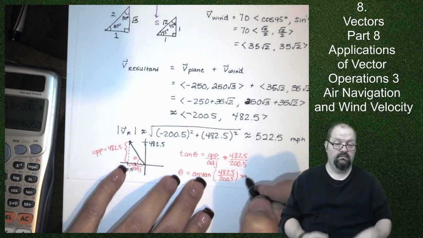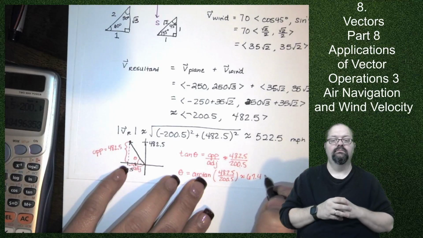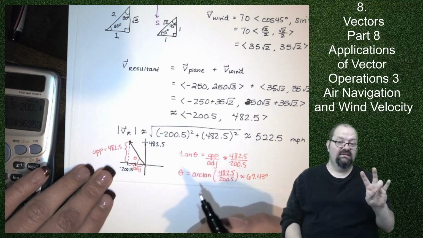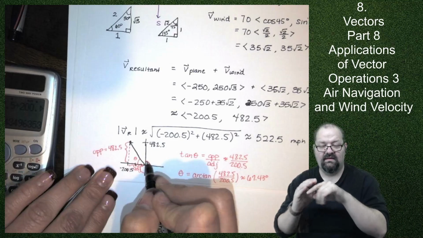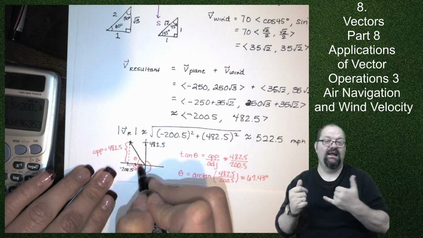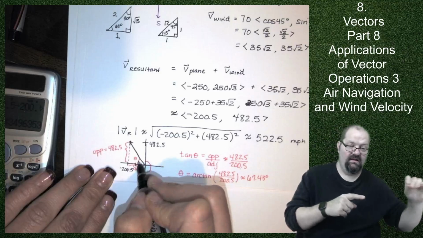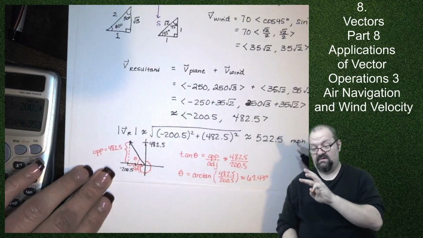And I get, in degree mode, 67.43 degrees. Now that's that angle. The bearing is that angle plus 90, plus another 90, plus another 90. So it's that angle plus 270 degrees.